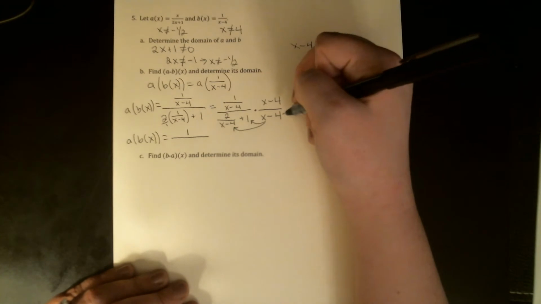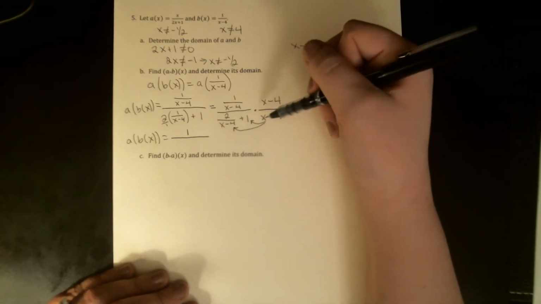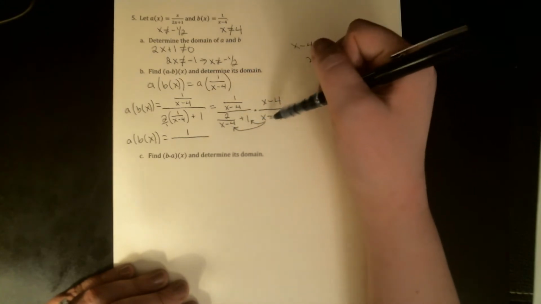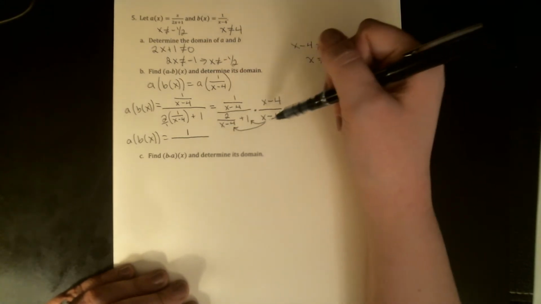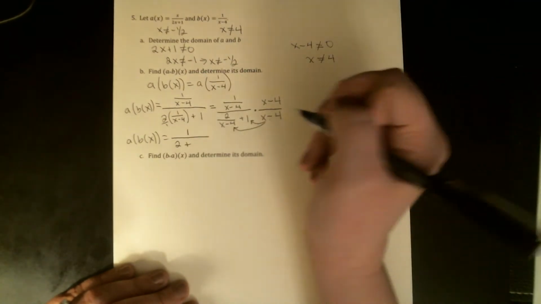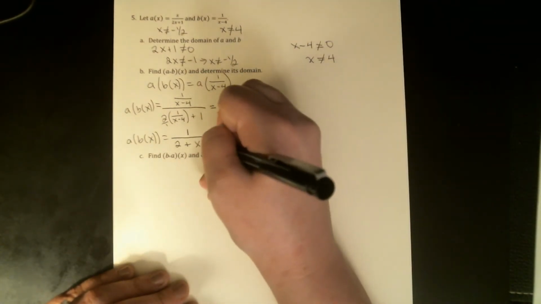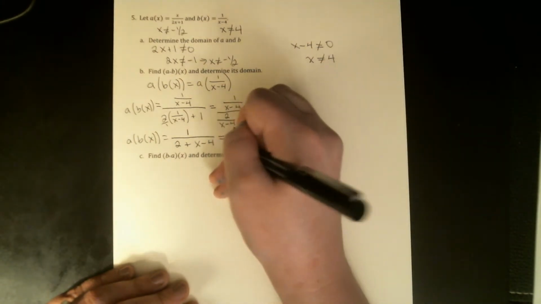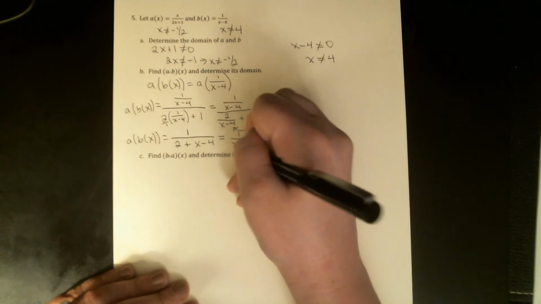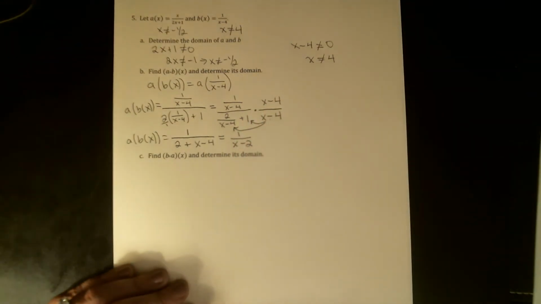The first thing that happens is you distribute, and then you can work on a little bit of this simplification in your head. So if you multiply a 2 over x minus 4 by an x minus 4, you get some cancellation again. All that's left is a 2. If you multiply a 1 by x minus 4, you get an x minus 4, which means the simplified version of our function is 1 over x minus 2. So that's simplified quite nicely.